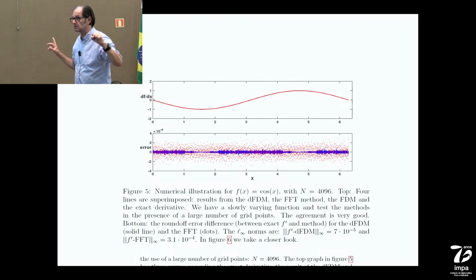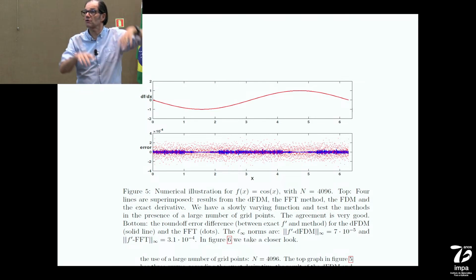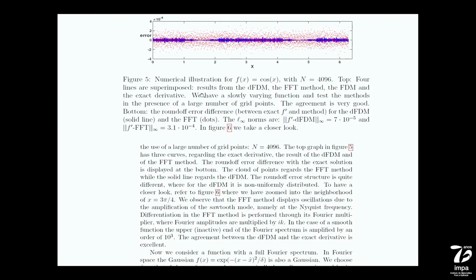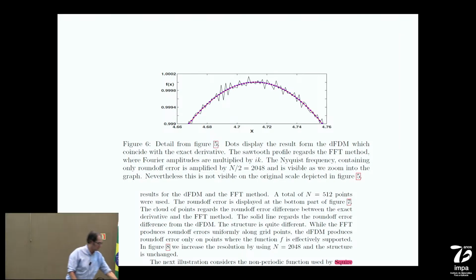That's correct, and look what happens. That's why the error contaminates everybody. If I do a zoom, I think this is the next picture, look at the difference here on the y-axis.